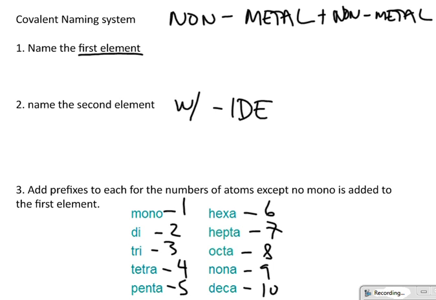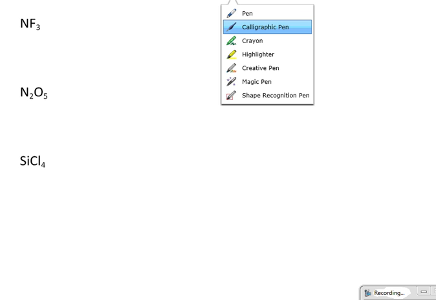So here's an example of some covalent naming. Before I even start, I know it's covalent naming because they're all nonmetals. Nitrogen's a nonmetal and fluorine's a nonmetal. So the first thing I'm going to do is label my first element, nitrogen, so I write out nitrogen.